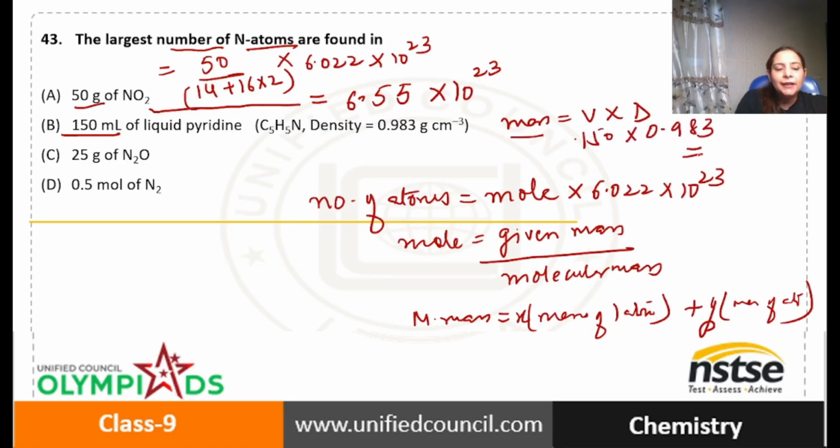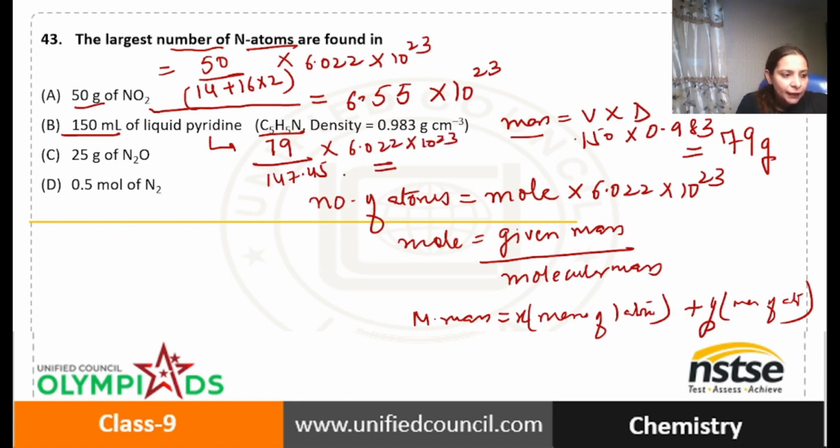So you can find the mass, which will come out to be 79 grams. Once you have this mass, you put in 79, and the molecular mass will come out to be 147.45, into Avogadro's number. If you solve for it, for pyridine it will come out to be 11.24 into 10 raised to power 23 atoms.